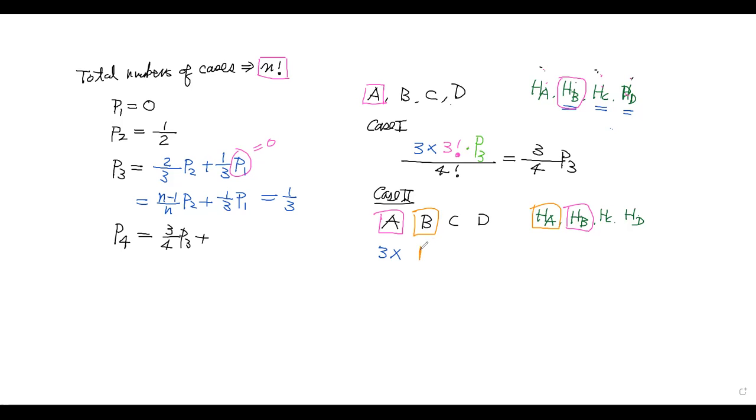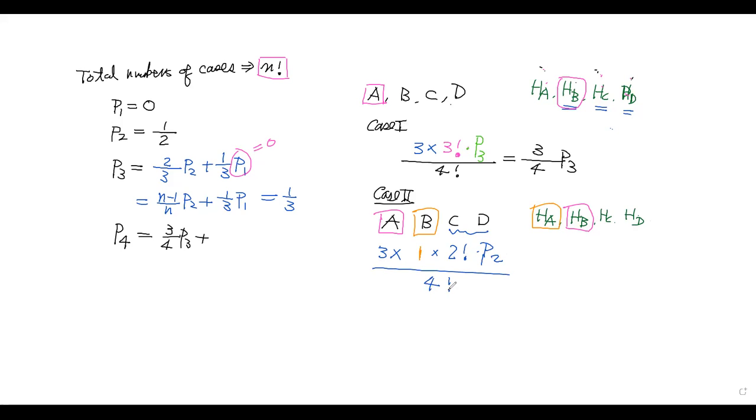Only 1 situation, correct? There's no other, it has to choose HA. Now, how many remaining? I have 2 hats remaining. These 2 hats have a total of 2 factorial situations. And the 2 hats mismatch is P2, right? And then the total is how many?